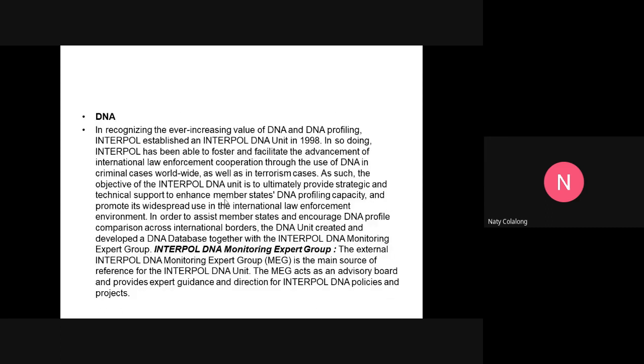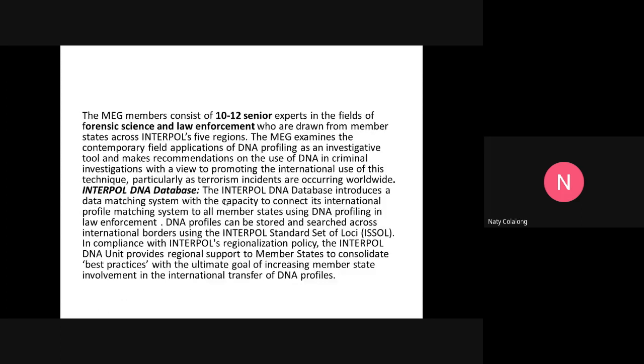So the monitoring expert group members consist of 10 to 12 senior experts in the fields of forensic science and law enforcement who are drawn from member states across Interpol's 5 regions.